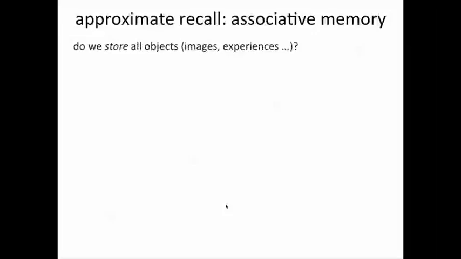One question we should think about is, do we actually store all the objects, such as images and experiences, that we get exposed to? Do we have a large disk space somewhere in our head where things are just kept in full fidelity? Probably not.